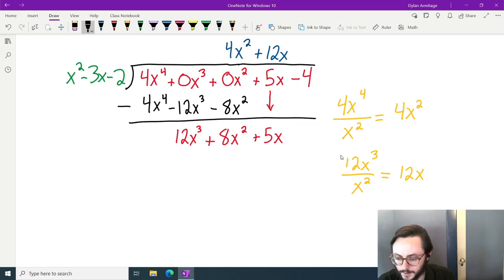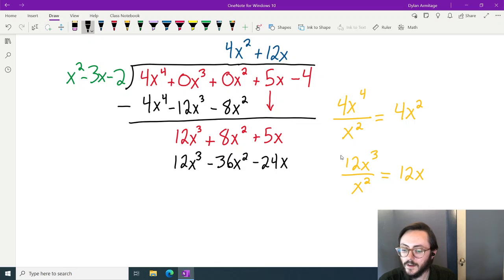Multiplying out, 12x times x squared is 12x to the third. 12x times negative 3x is negative 36x squared. Negative 2 times 12x is negative 24x. Notice how we're always ending up with the right powers of x each time.